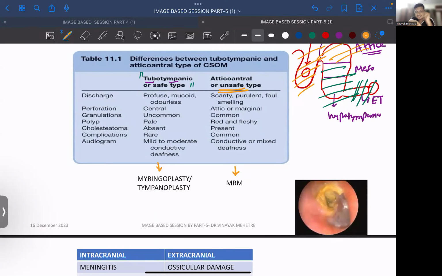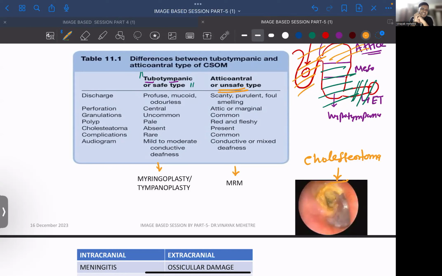Ear discharge, scanty, purulent, foul smelling discharge, and there is a discoloration present on the upper part of tympanic membrane. उसी को हम बोलते हैं cholesteatoma. Present in attic, present in upper part of ear.